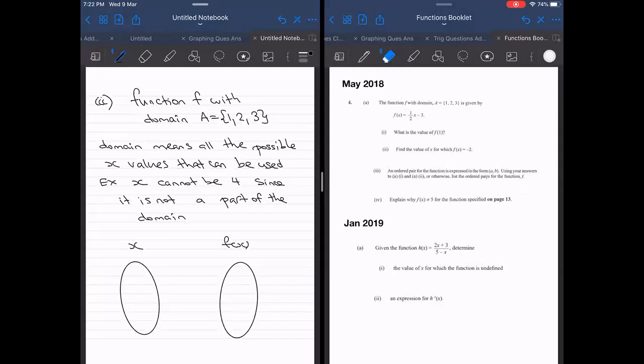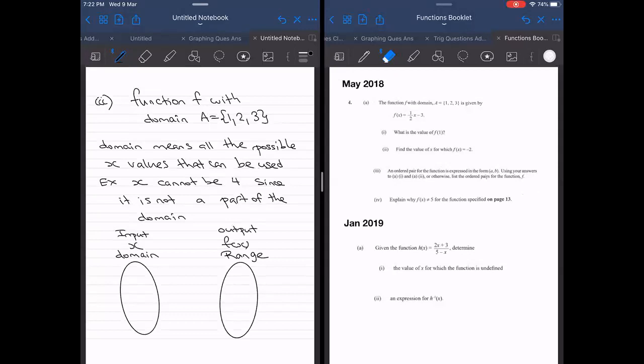In terms of that, the x is the input and the f of x is your output. Another name for input is the domain, and another name for output is the range.